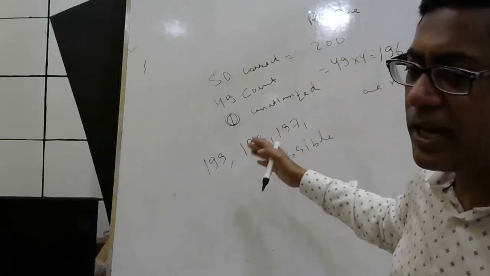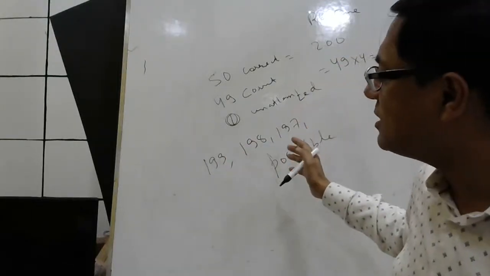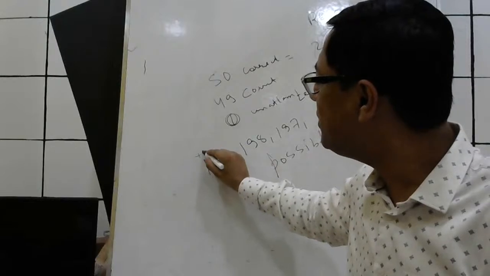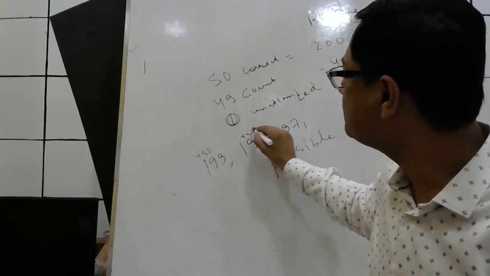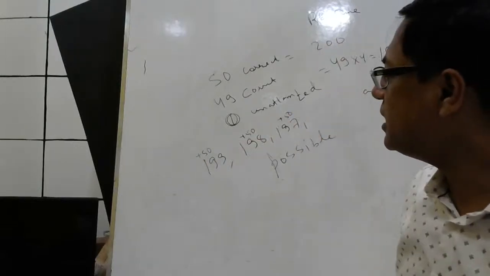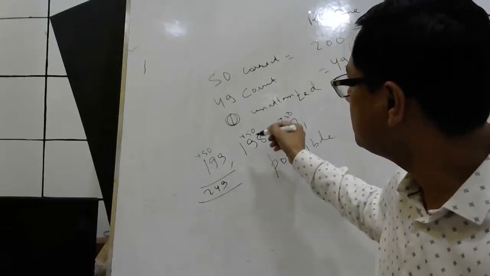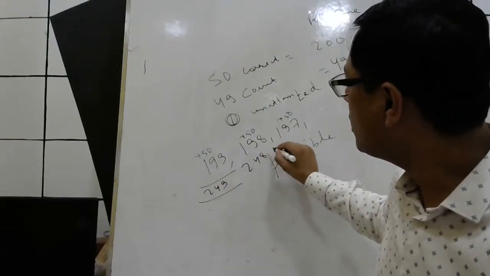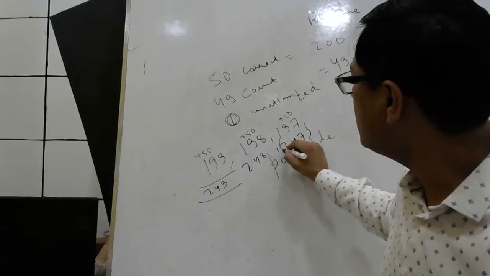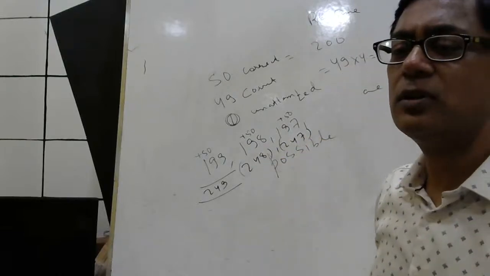Since 199, 198 and 197 are not possible, we are going to add 50 to each of these. That means 249, 248, and 247. These IQ scores are not possible.